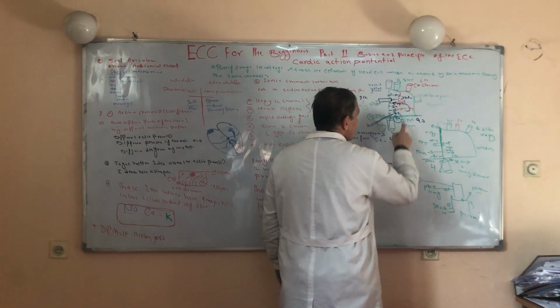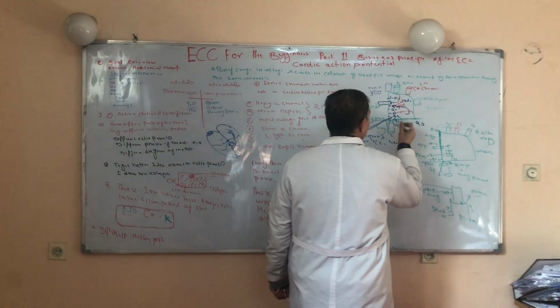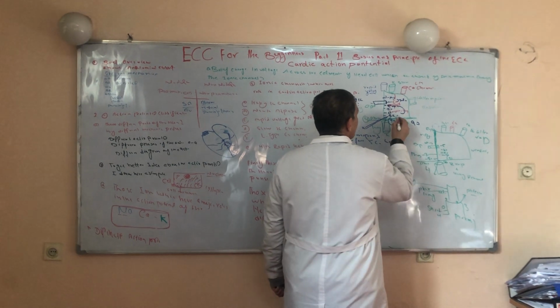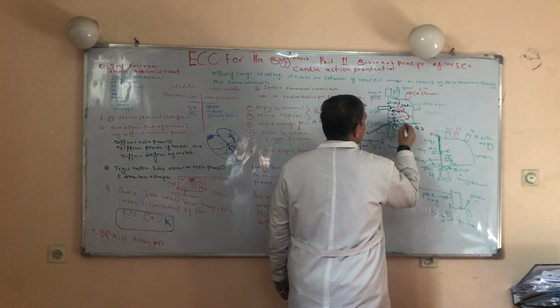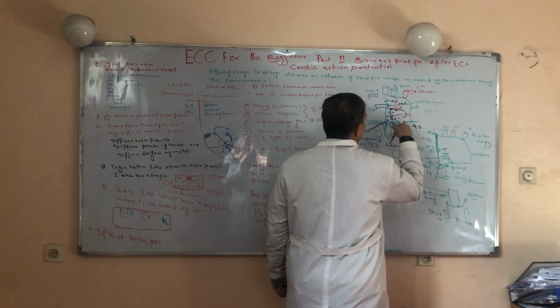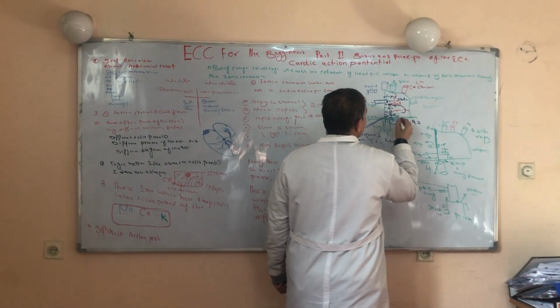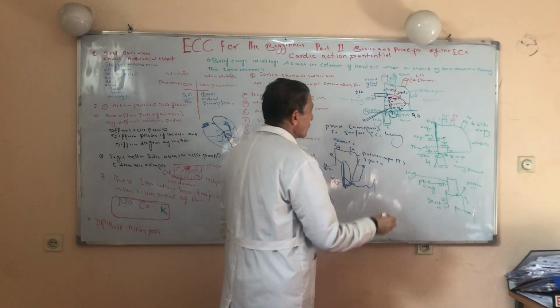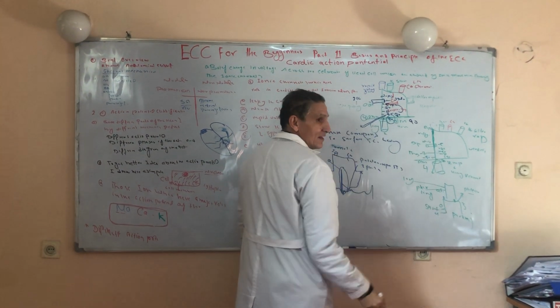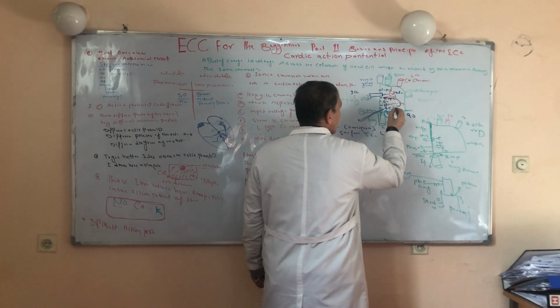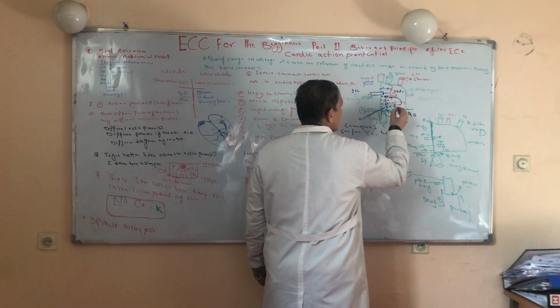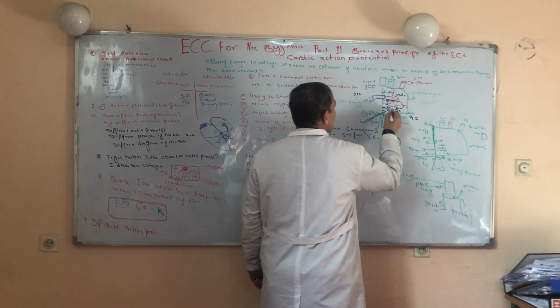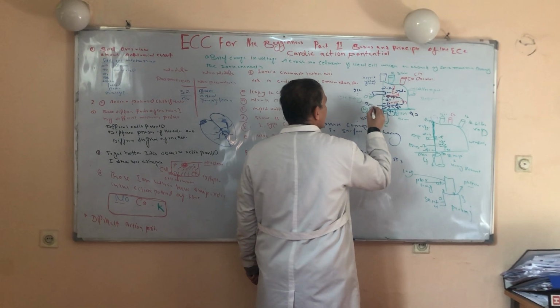The resting membrane potential becomes less negative because positive charge is coming into the cell. First it becomes minus 80, and as sodium keeps coming in, it becomes less negative, minus 70. When it reaches minus 70, this is called the threshold potential.